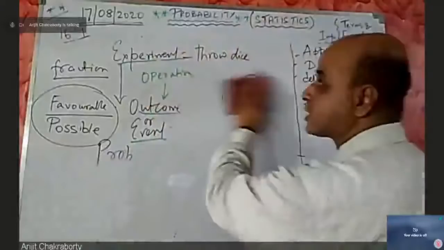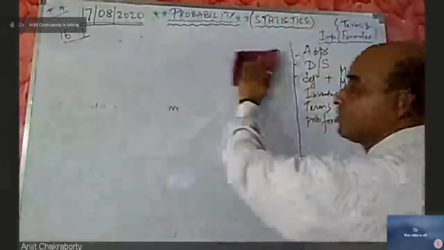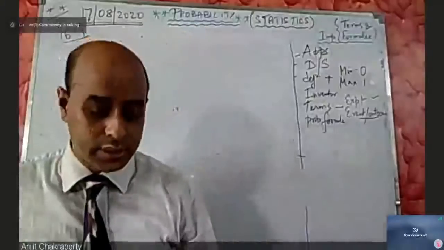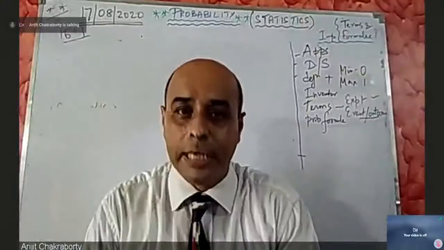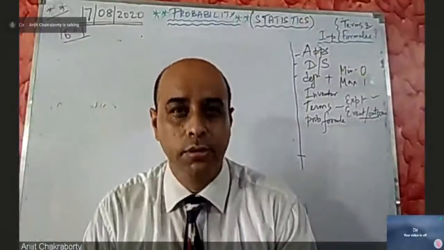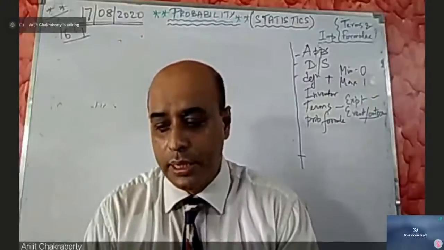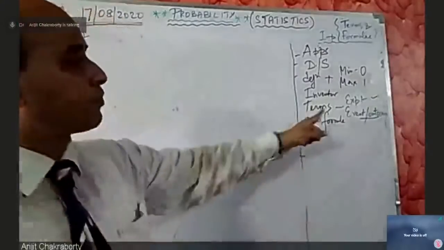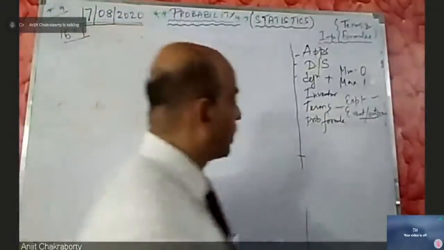So dear friends, with this, let's move on to some of the other important terms, and these are very, very critical terms, dear friends, because if we are not clear with these terms, we shall not be able to solve numericals and other questions which can come. So we have talked about experiment, events and outcomes, and I have also given you number of examples.